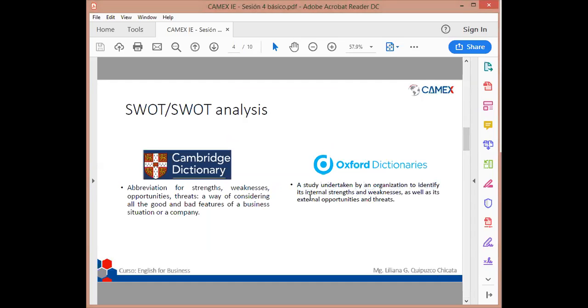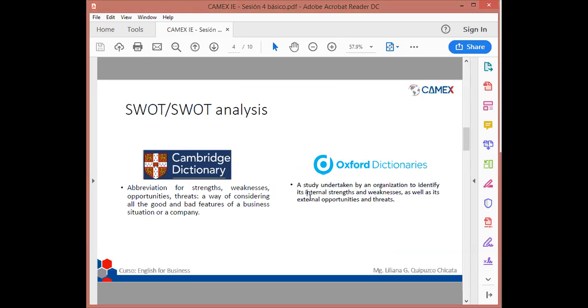That's according to Cambridge Dictionary. Now, according to Oxford Dictionary, a SWOT analysis is a study undertaken by an organization in order to identify the internal and external factors. In this case, internal would be strengths and weaknesses, and external would be opportunities and threats.